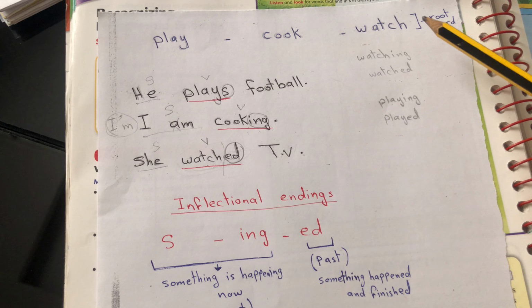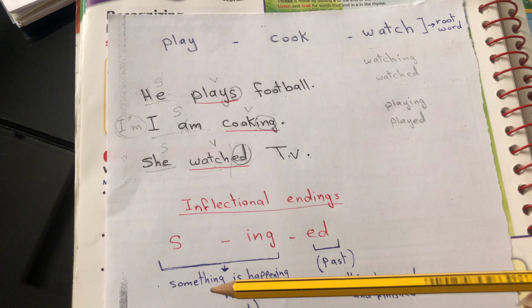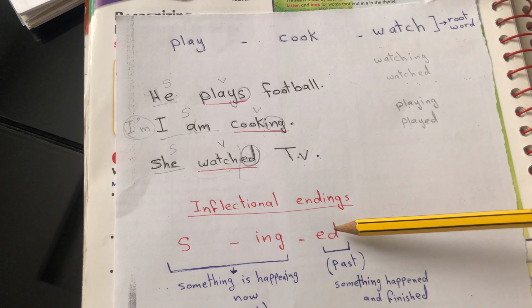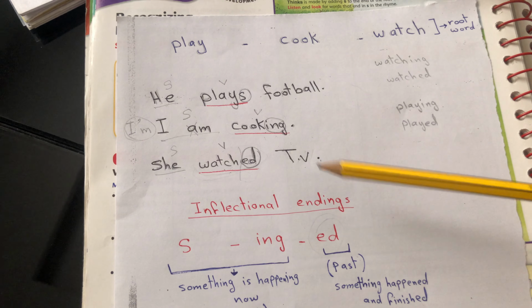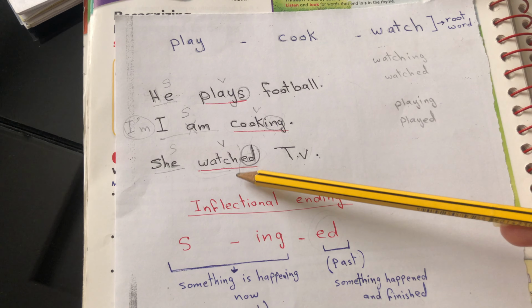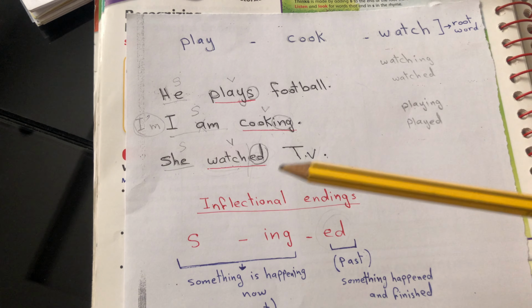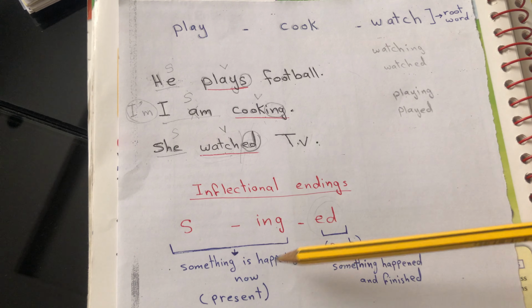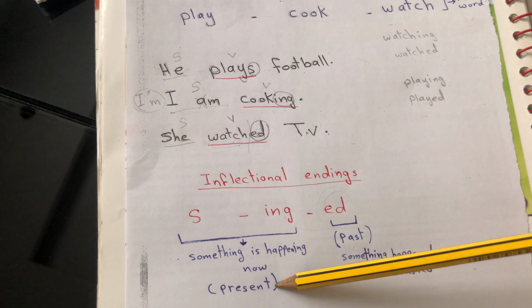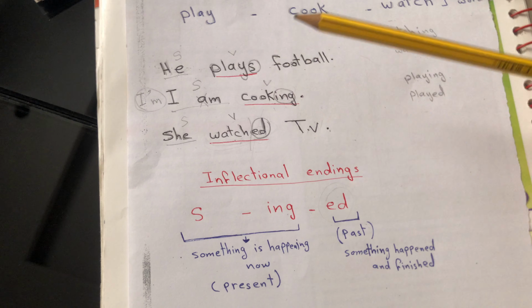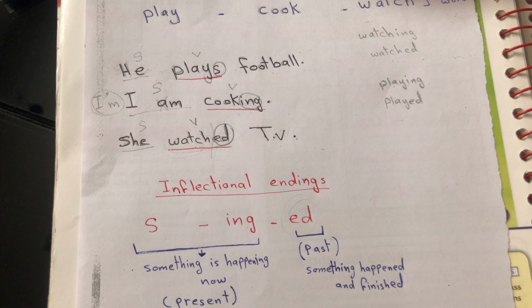What about the present? The present is something is happening now. In the past, what do we add to the verb? We add ed. So if you see ed with the verb, you will know that the verb is in the past tense. While s and ing are about something happening now, about the present. So if you see the verb with ing or the verb with s, then the verb is in the present tense.